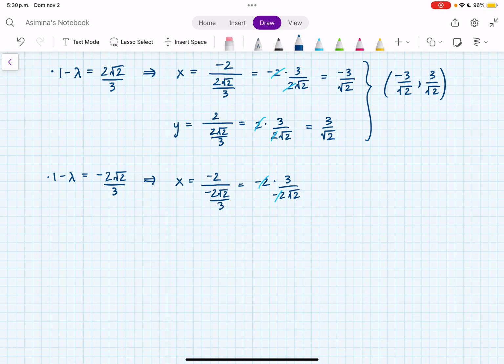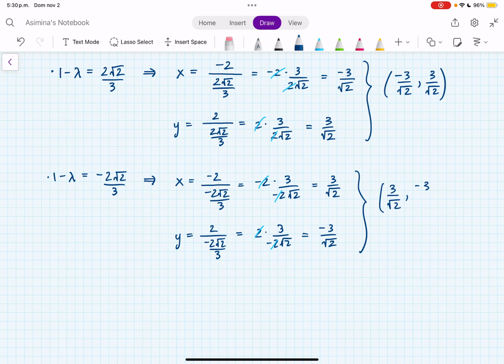And I'm left with 3 over root 2. What is y? y is 2 over 1 minus lambda, which is minus 2 root 2 over 3. So it's 2 times 3 over minus 2 root 2. So the 2's cancel out, but I'm left with a negative sign. So this is minus 3 over root 2. So what does this give me? This gives me the point 3 over root 2, comma, minus 3 over root 2.